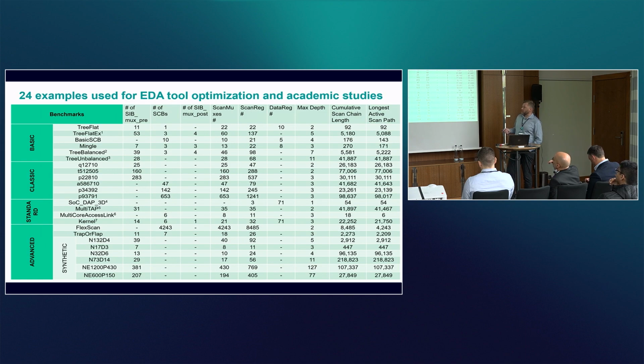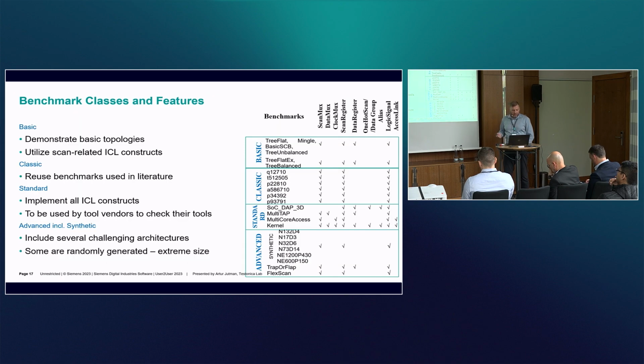There are altogether 24 IJTAG benchmark examples with different properties, and I'm not going to stay longer on this slide. Just pointing out that there are different ICL constructs in the standard, some of them typical. They would be present in each and every IJTAG design. Some of them are pretty strange, I would say non-typical. Those benchmarks have included all of those constructs.